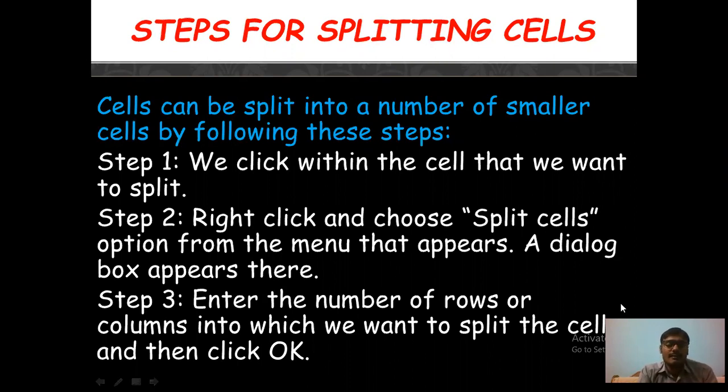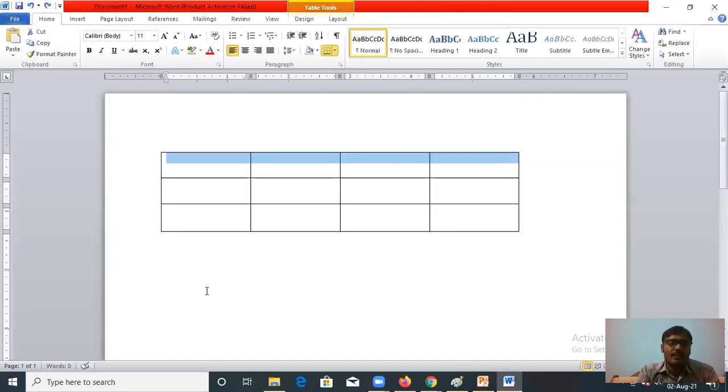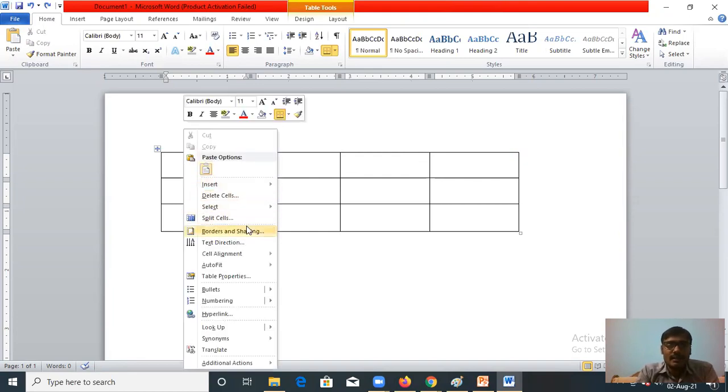So let us see here. Let me undo it. Suppose this is the table which I have created. Now I need to split this first cell. Right click here and you can select split cells.